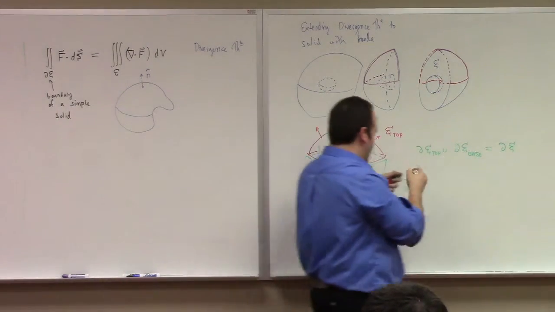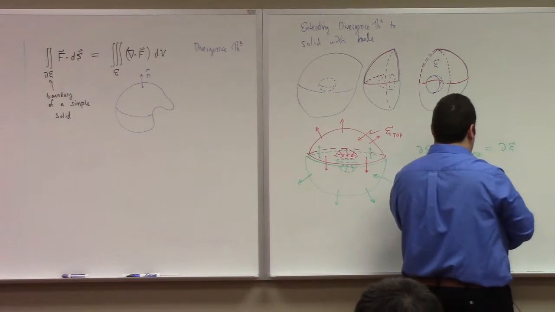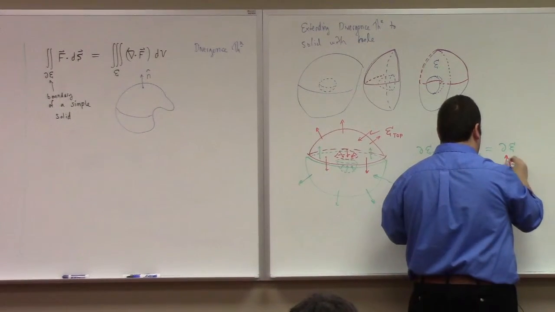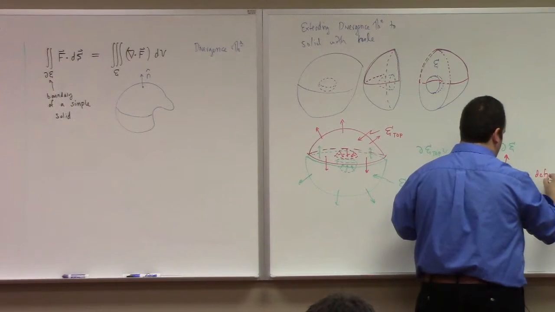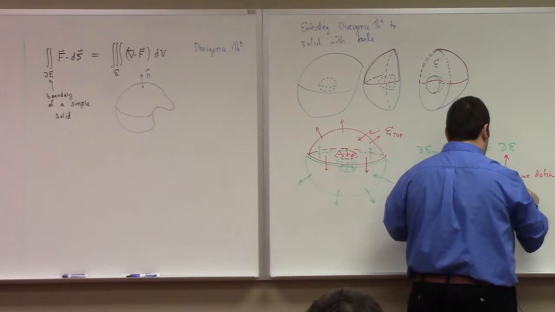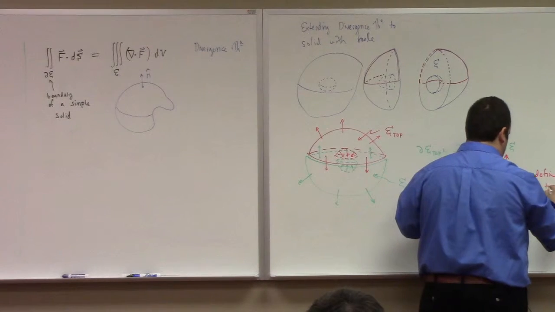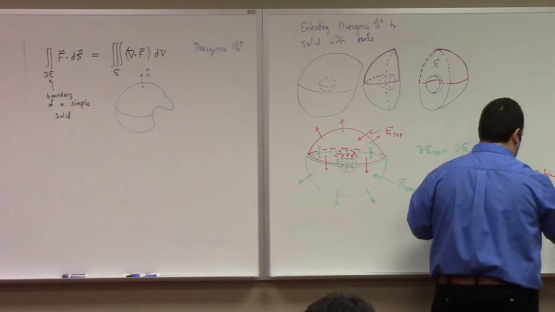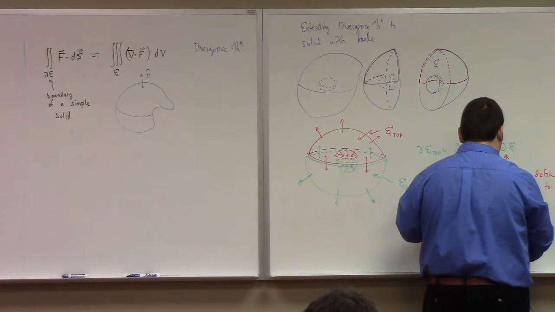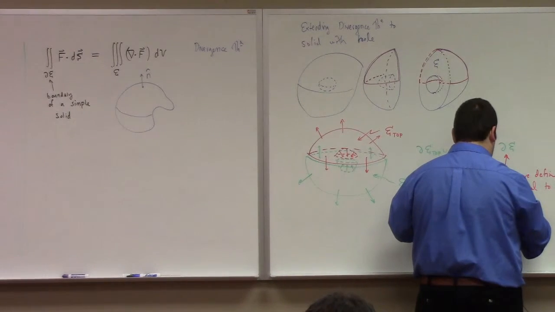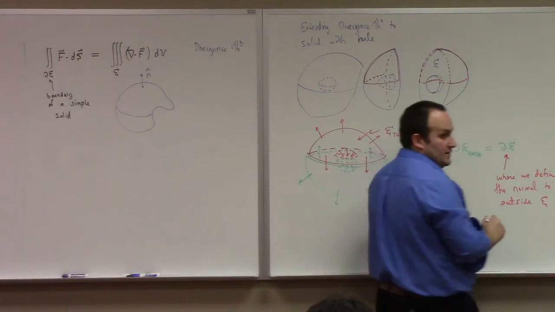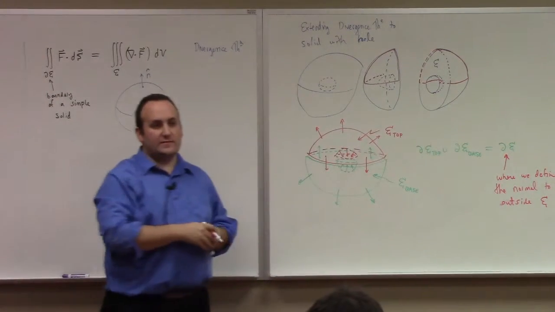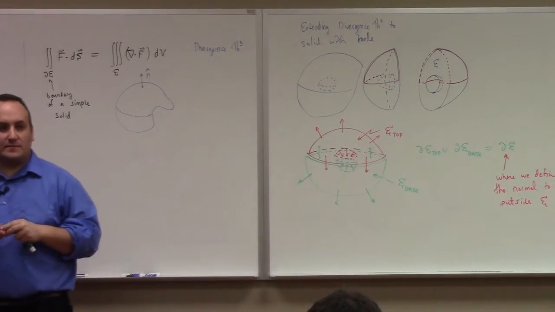So when I write this, I'm advocating a definition where we define the normal to point away, or let's just say outside E. That covers both cases. The normal's always pointing outside E.